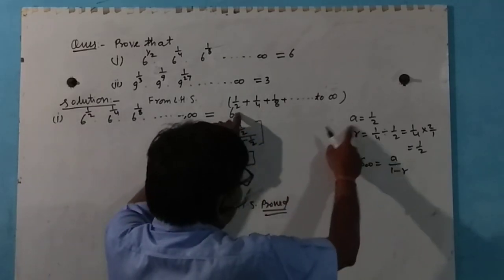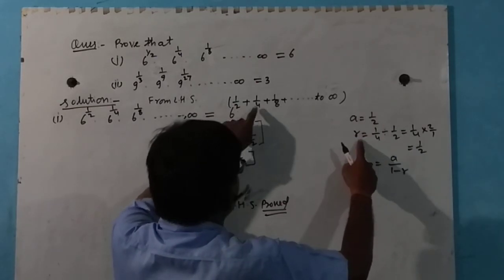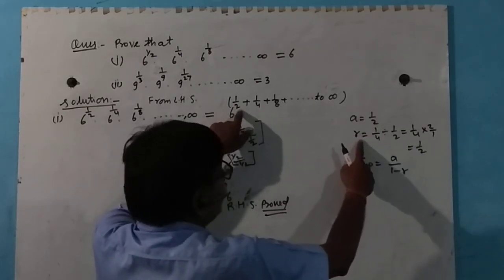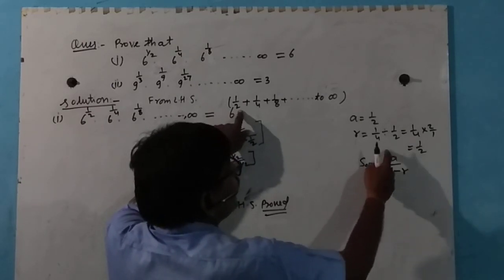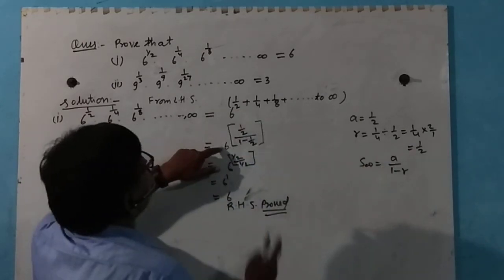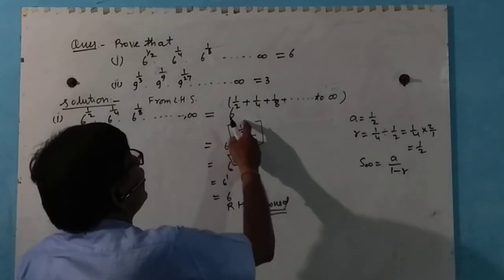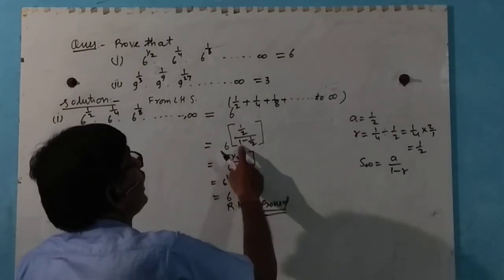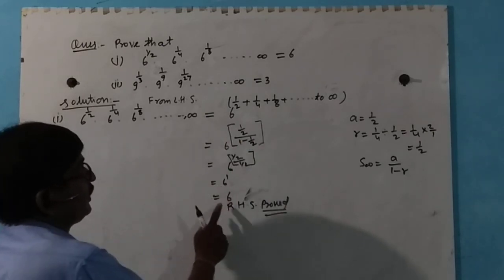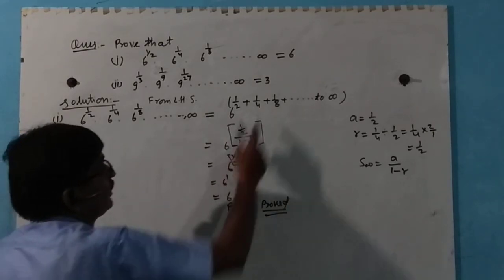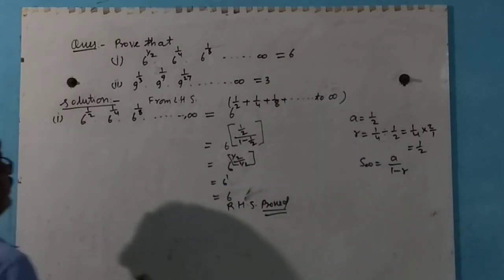The first term is a equals 1/2, and r equals 1/4 divided by 1/2, which is 1/2. So S infinity equals a by 1 minus r, that is 6 to the power (1/2 divided by 1 minus 1/2), where the halves cancel, which is equal to 6. This proves the right-hand side.